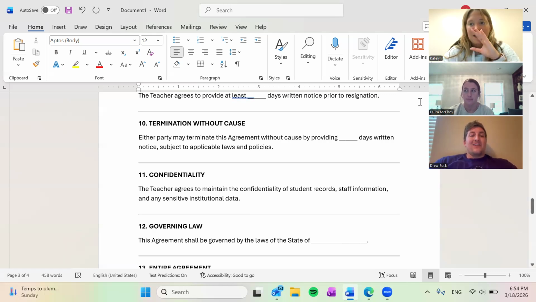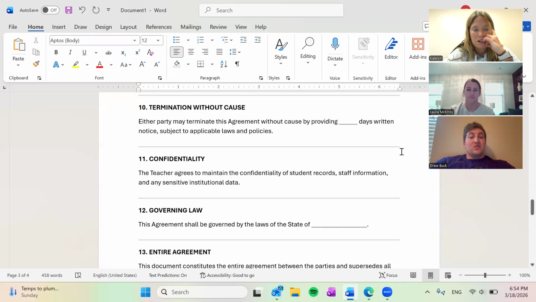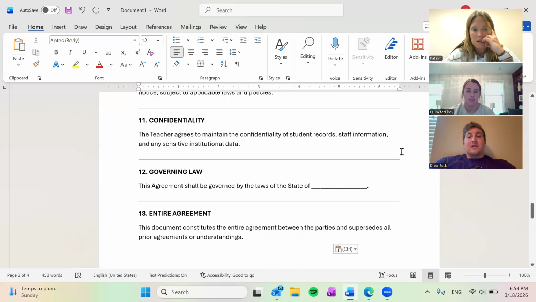Then, like any other contract that you might see, there might be a confidentiality part. The teachers must keep confidentiality of student records, staff information, any sensitive institutional data. So if teachers were to either not follow a mandated reporting law or share student information, they're essentially breaking that part of the contract.